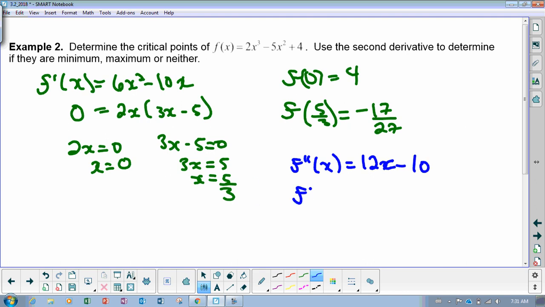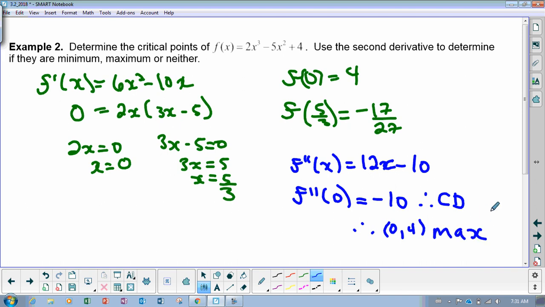So f double prime of 0, when I put that in, I get negative 10. So therefore, that means it's going to be concave down. So therefore, (0, 4) is a max, because we have concave down shape.